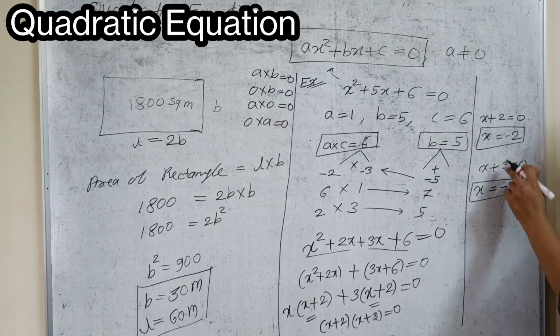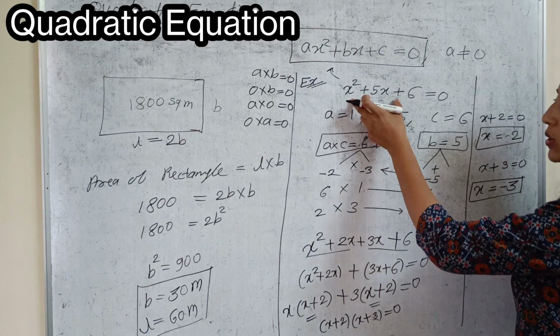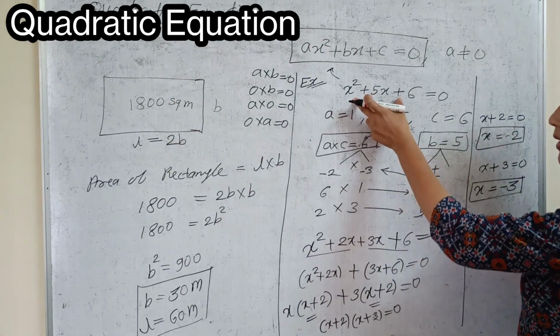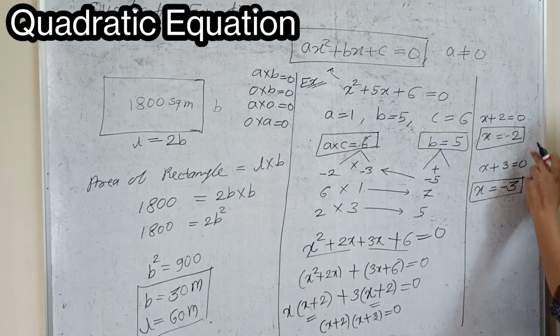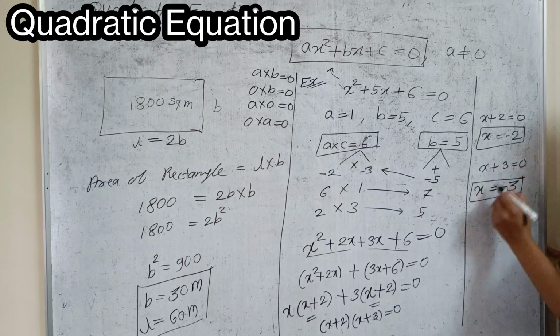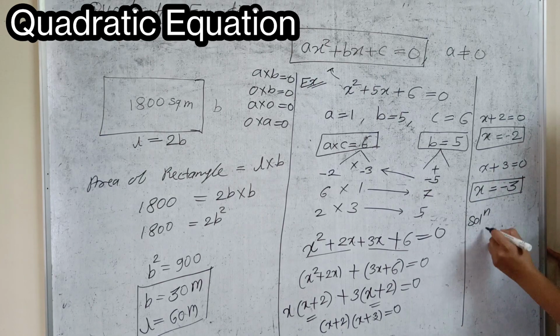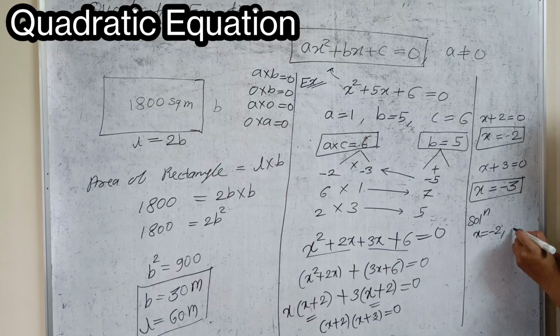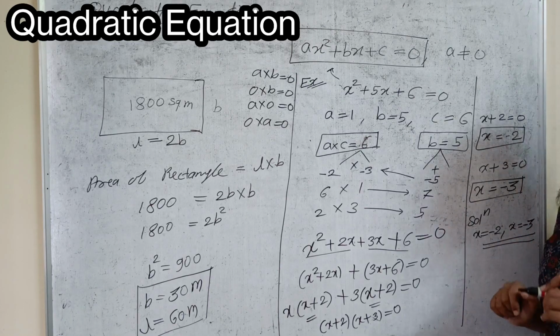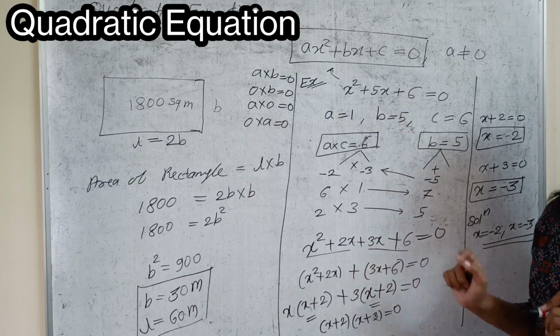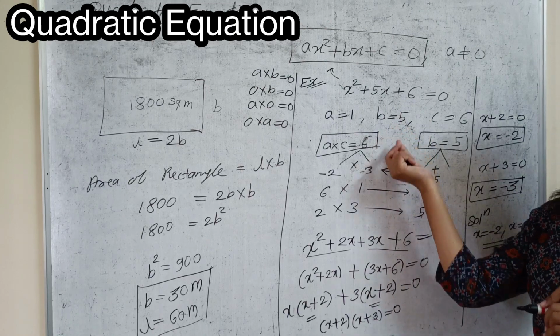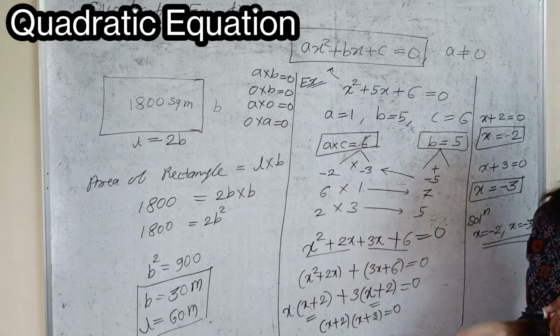These values of x satisfy the equation, so they are called the solutions of this quadratic equation. The solutions are x equals minus 2 and minus 3. This is the solution of the quadratic equation using the factorization process, or splitting the middle term process.